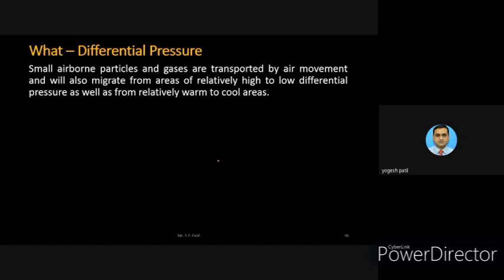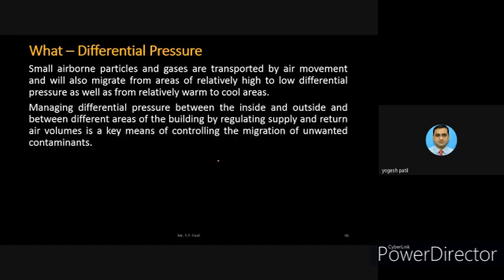Differential pressure is also one of the parameters that is required to be measured. It is very important. One term is low differential pressure or negative pressure, and high-to-low differential pressure. These things are very essential from a measurement point of view.